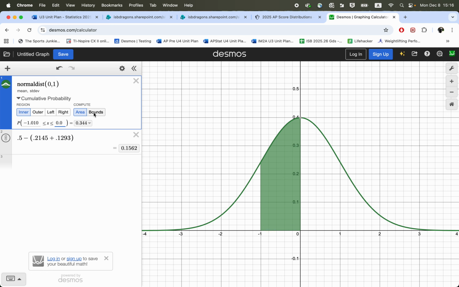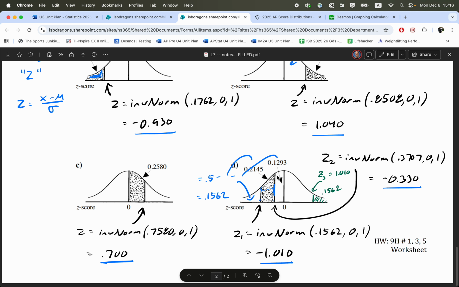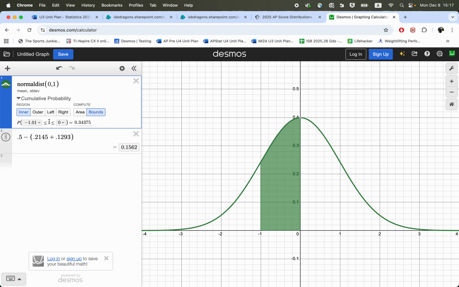Now I know the area I want is going to be 0.1293. So I'll put an inner area, and I want that to be 0.1293.